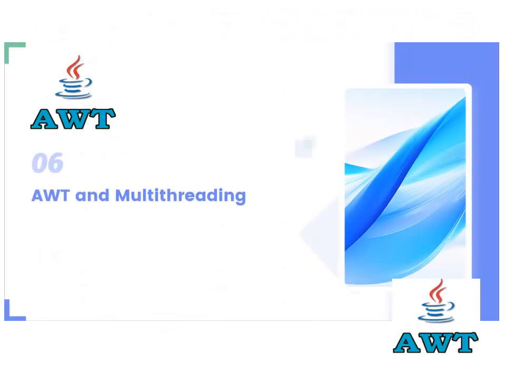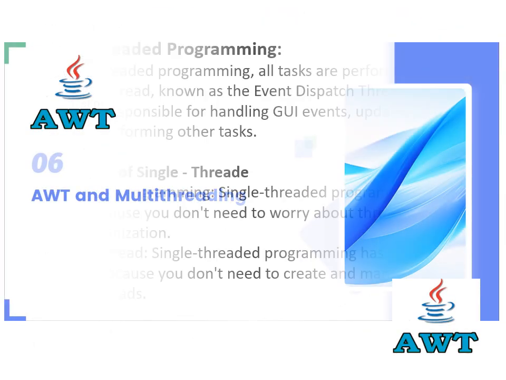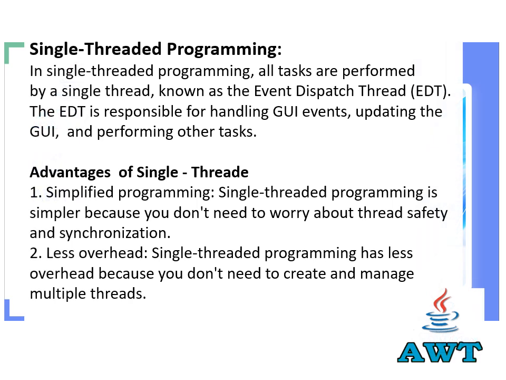AWT multithreading. Single-threaded and multi-threaded programming are two approaches to handle tasks in AWT applications. In single-threaded programming, all tasks are performed by a single thread, known as the event dispatch thread. The event dispatch thread is responsible for handling the GUI events, updating the GUI, and performing other tasks.